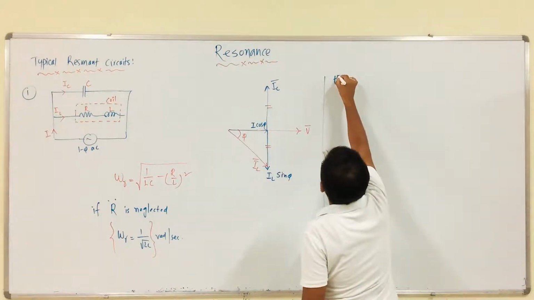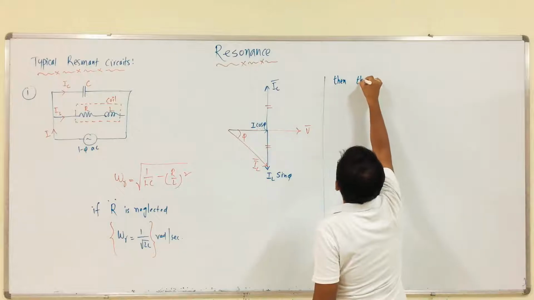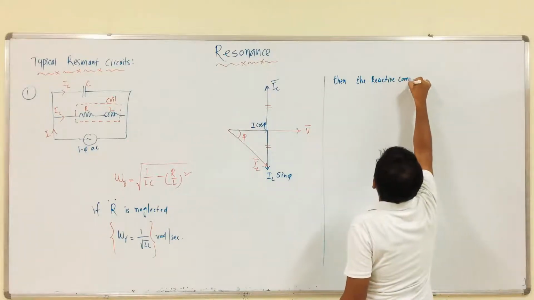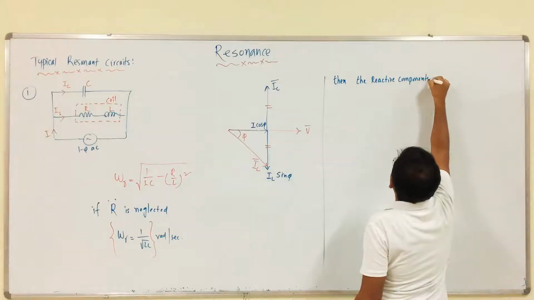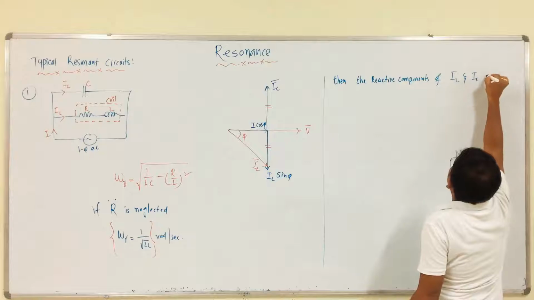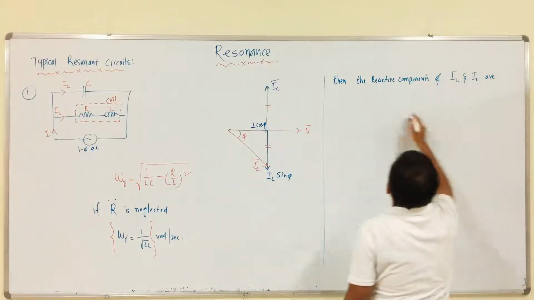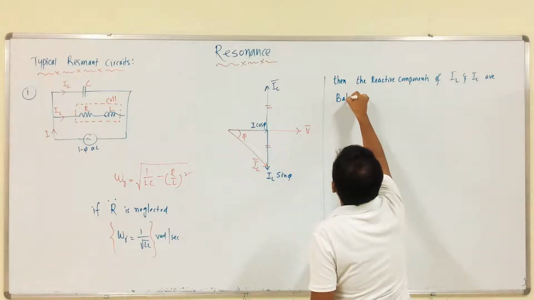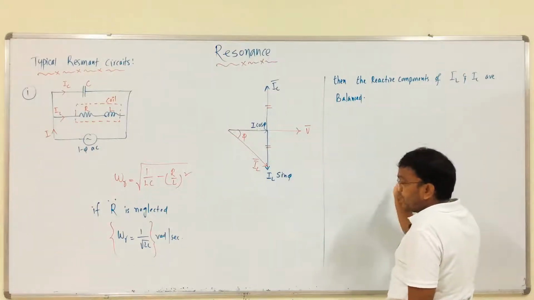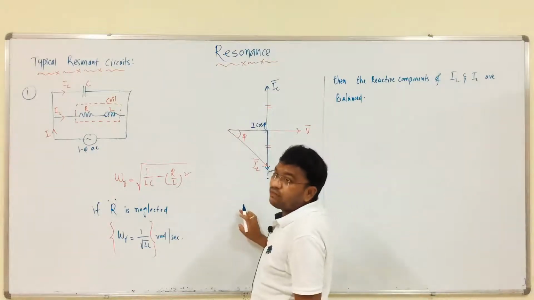Then the reactive components of I_L and I_C are balanced. So, if they are balanced, then only we got this resonance frequency.